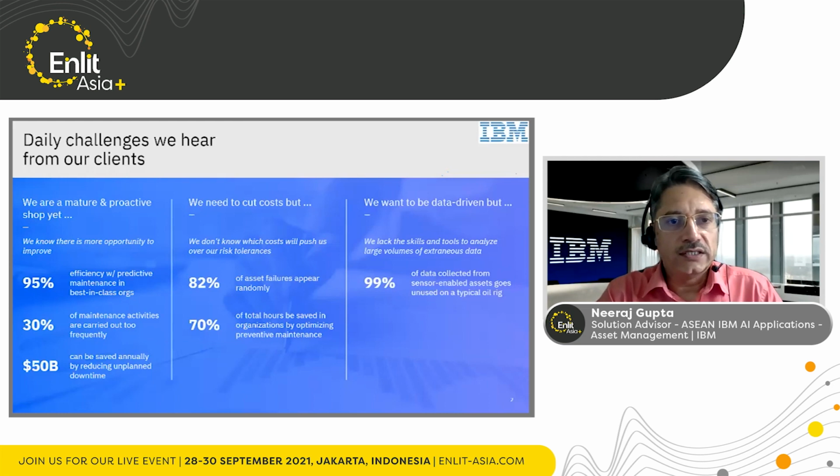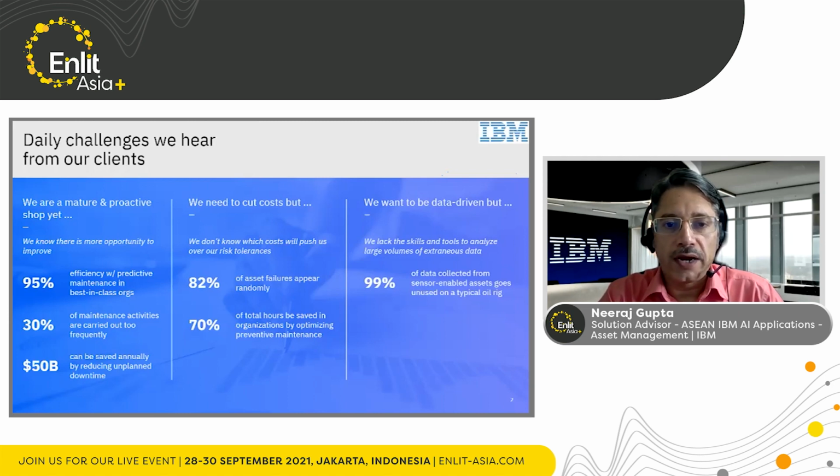So, the daily challenges we hear from our clients when we talk to them are very common across the industry. They say that they have mature processes and have been using certain tools and software already, but still they see that a lot can be improved. They feel 30% of maintenance activities are carried out too frequently, but they don't know what to do.